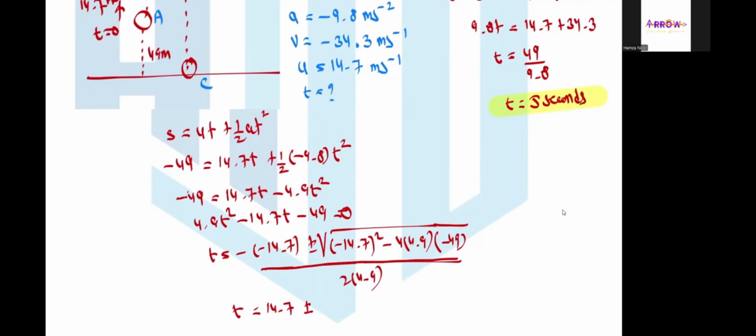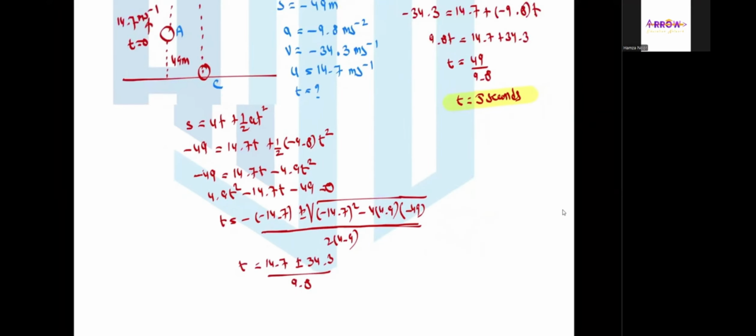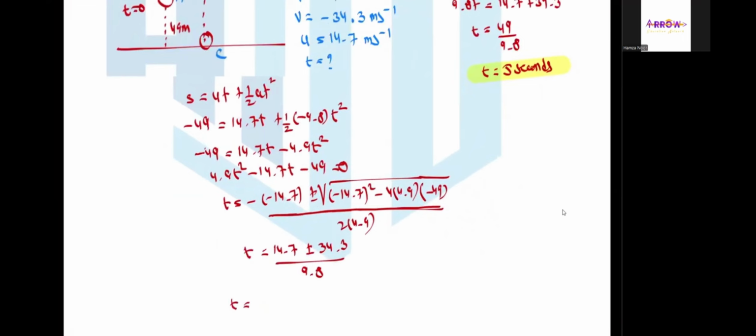Just put this in your calculator. The under root of this value is 34.3. So 14.7 plus minus 34.3 divided by 2 times 4.9. Obviously t will have a positive value, so the positive value of t will be 14.7 plus 34.3 divided by 9.8.